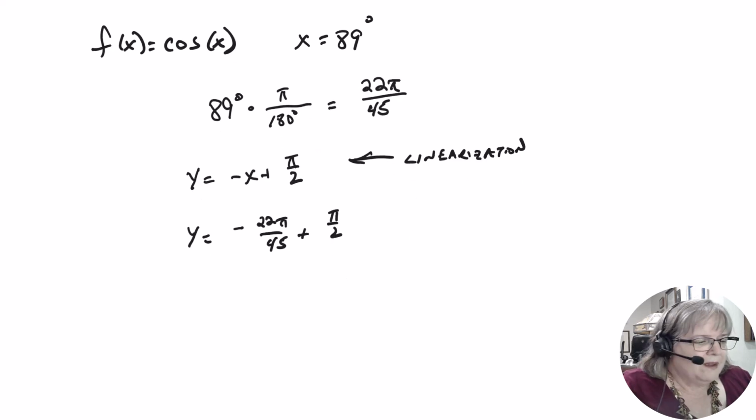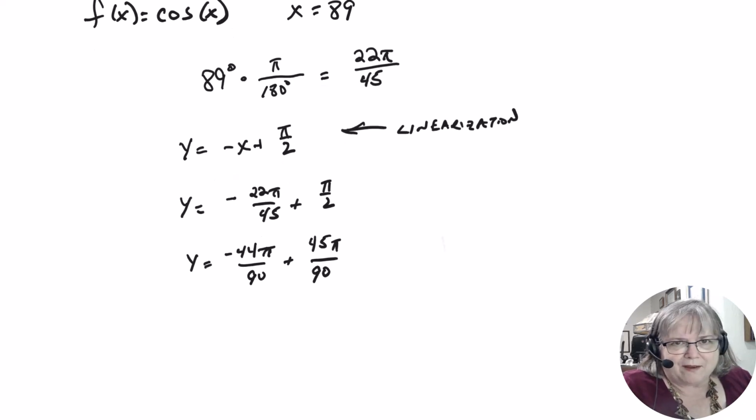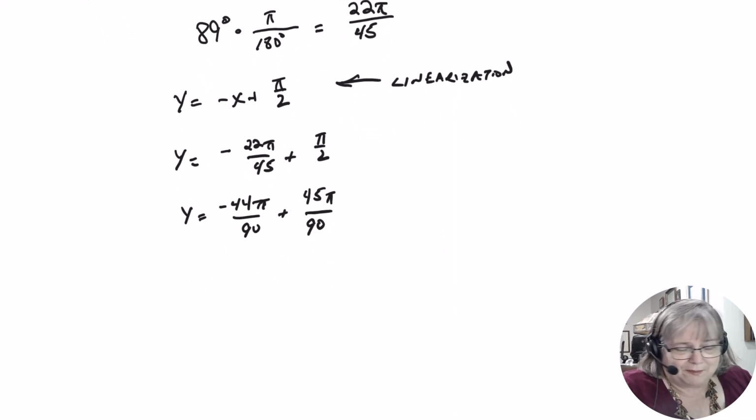All right. So when you clean this up and you get a common denominator, I try to show you all these steps so that, if you're struggling with this part, it's easier to see the step and go, oh, okay, I'm still with you, as opposed to what just happened. So y is equal to pi over 90, which again doesn't really mean too much to me as a person.